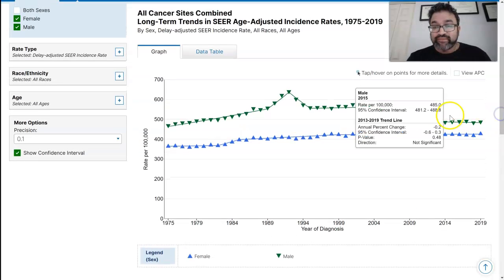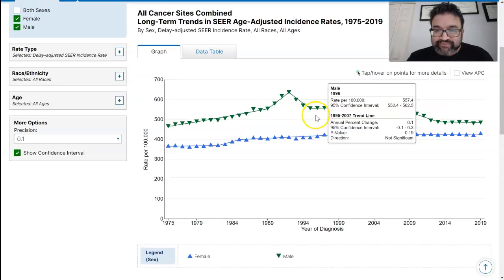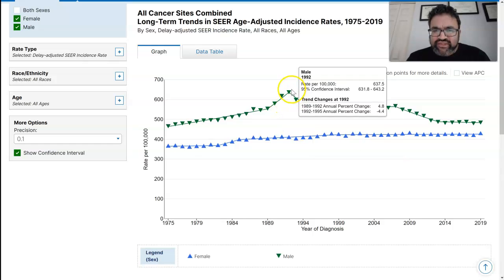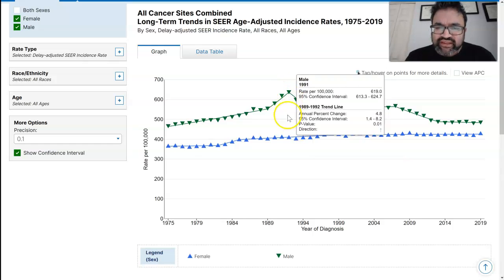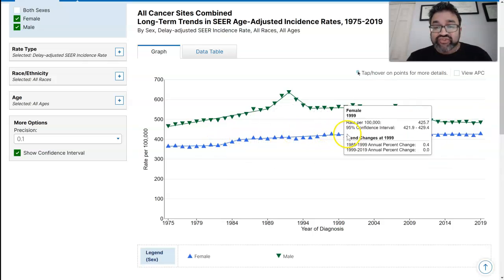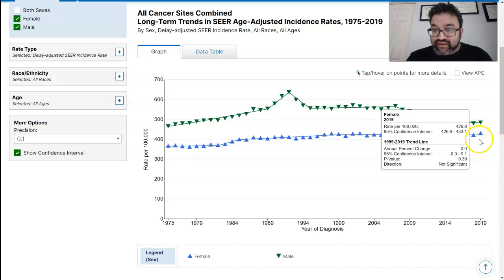In fact, it had gone up at some points for males, a sharp increase at some points. But for females, it's basically stayed the same. Actually, for females, I would say cancer has slightly increased from 1975.